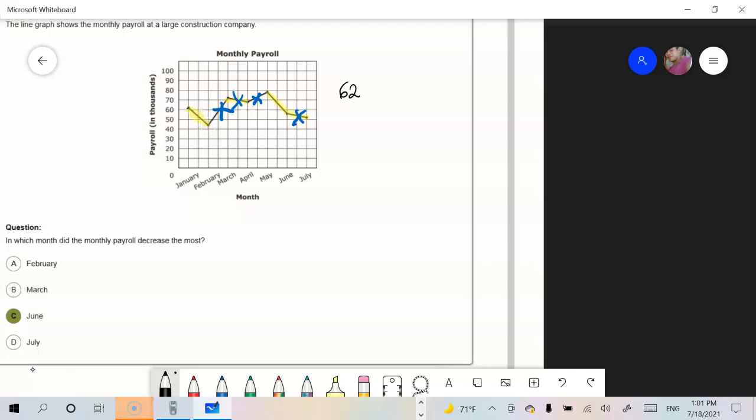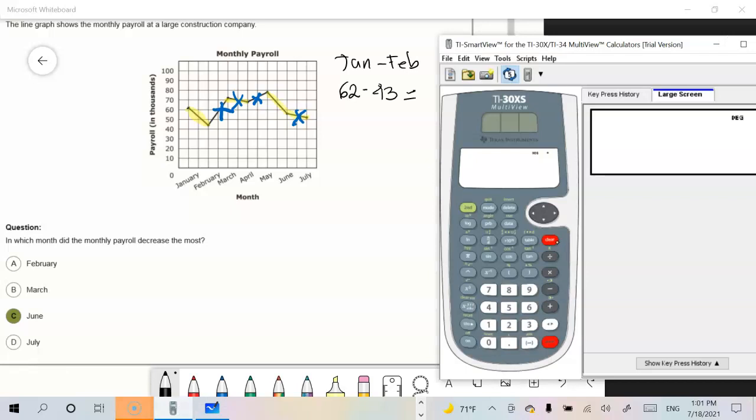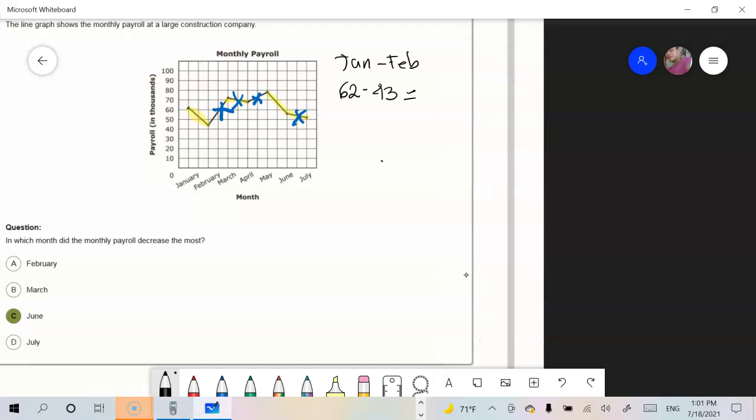So let's use our calculator. We have 62 minus 43, and that's equal to 19. So this decrease is equal to 19.